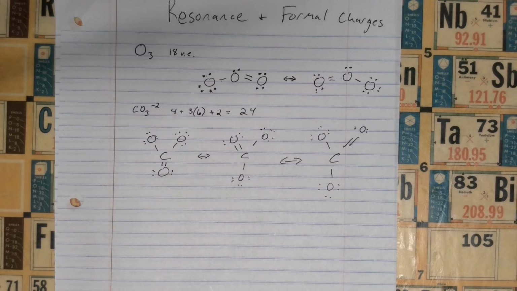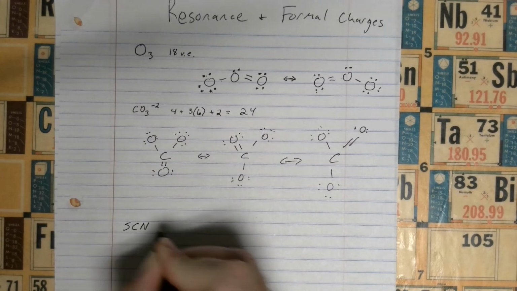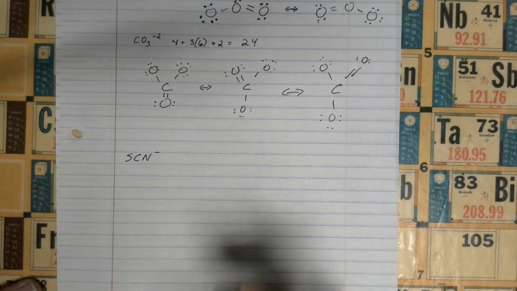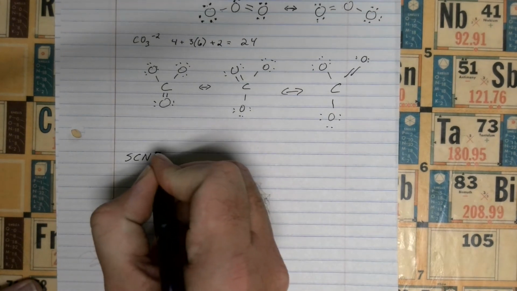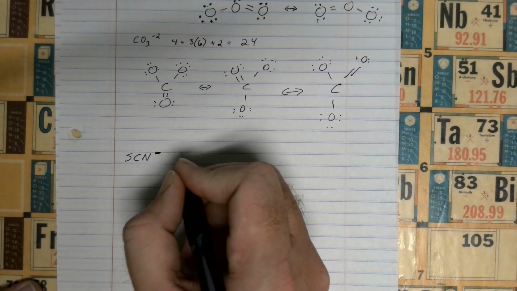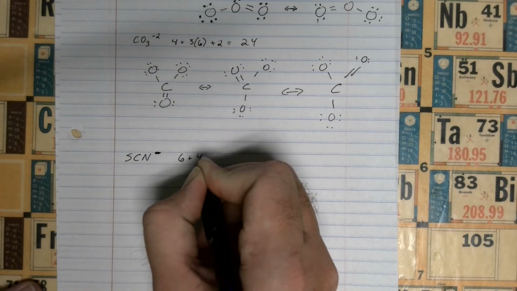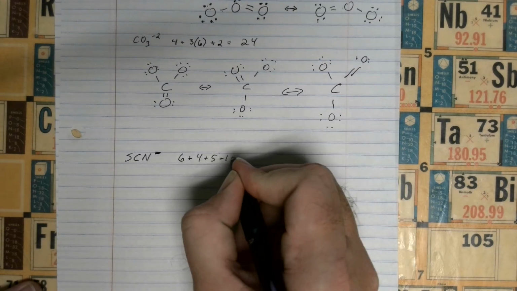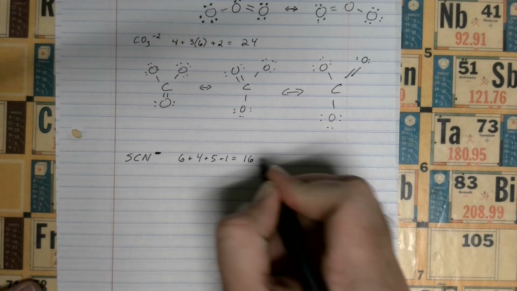One example of this is the thiocyanate ion, which is SCN, okay, SCN -1, that's a minus. So to count up the valence electrons, we have 6 from the sulfur, 4 from the carbon, 5 from the nitrogen, and then we have 1 because it's a -1 ion. So 10, so we have 16 total electrons.